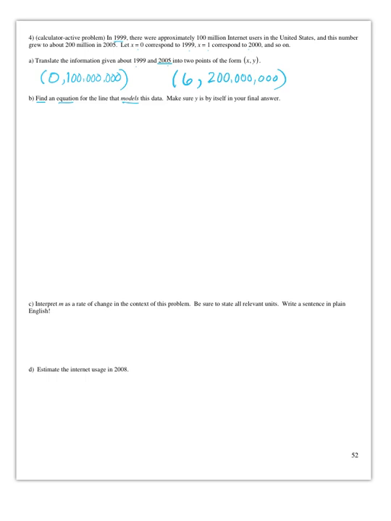We're going to use our y equals mx plus b. So we're going to first find our slope, m, using our equation for slope. We have 200 million minus 100 million over 6 minus 0.